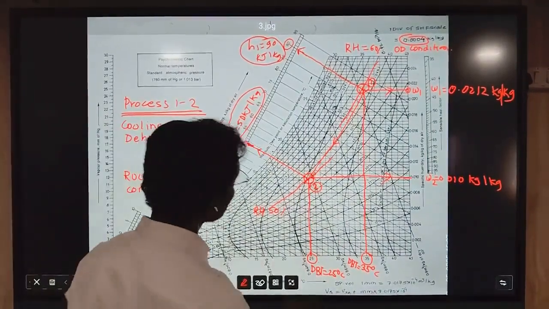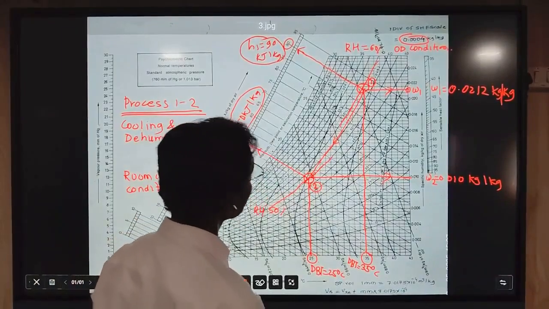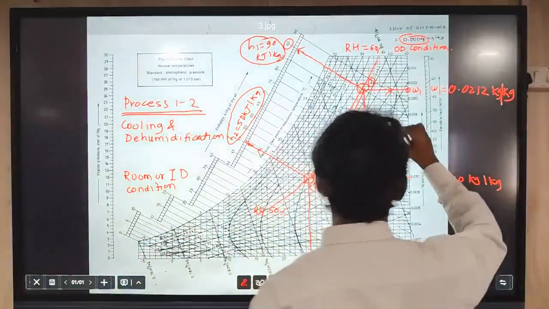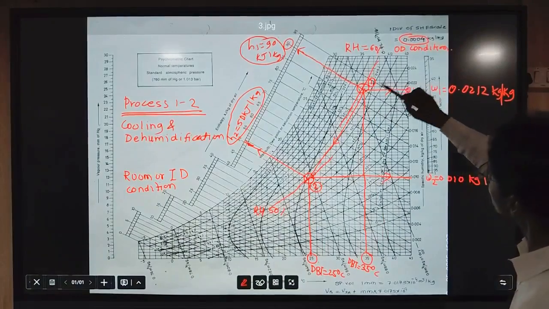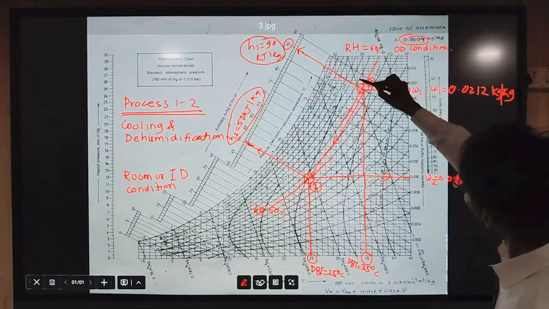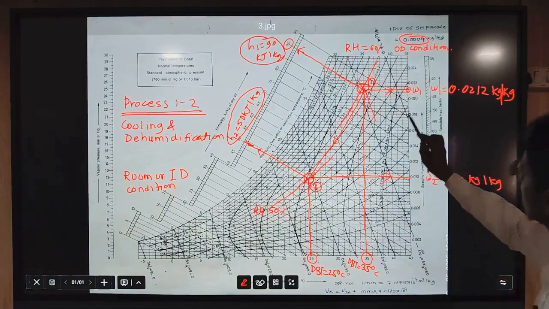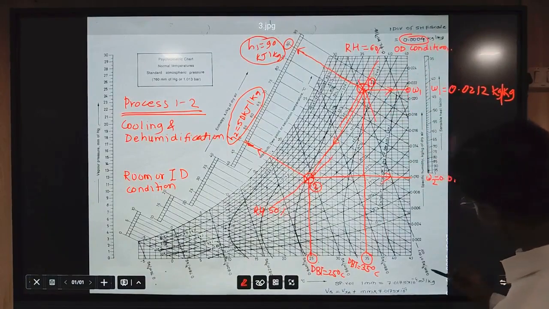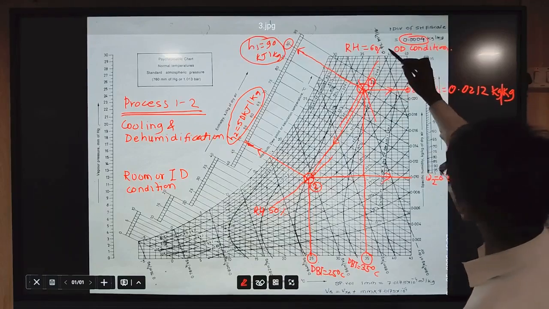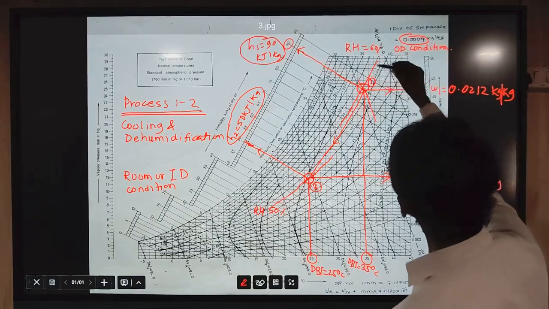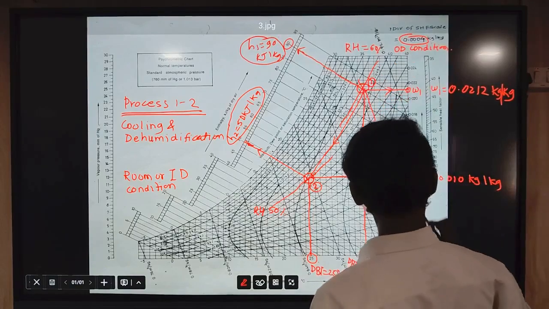Now we need to find the specific volume at point number 1. For that purpose you take this point's intersection, and this line is between 0.9 and 0.92, closer to 0.9.